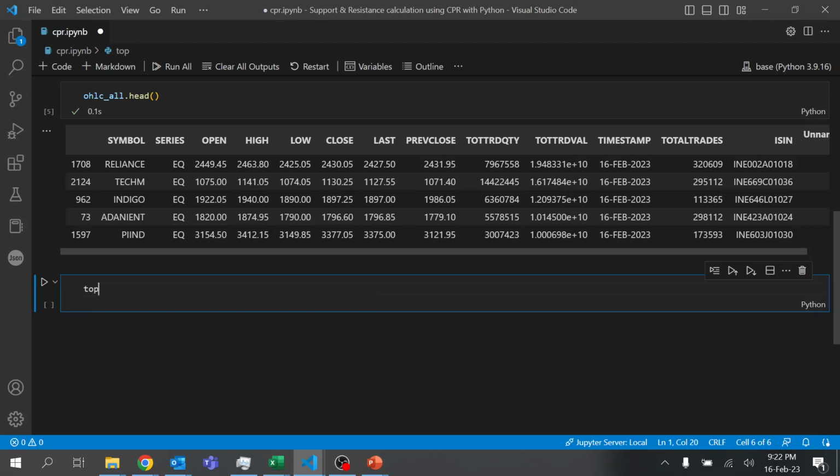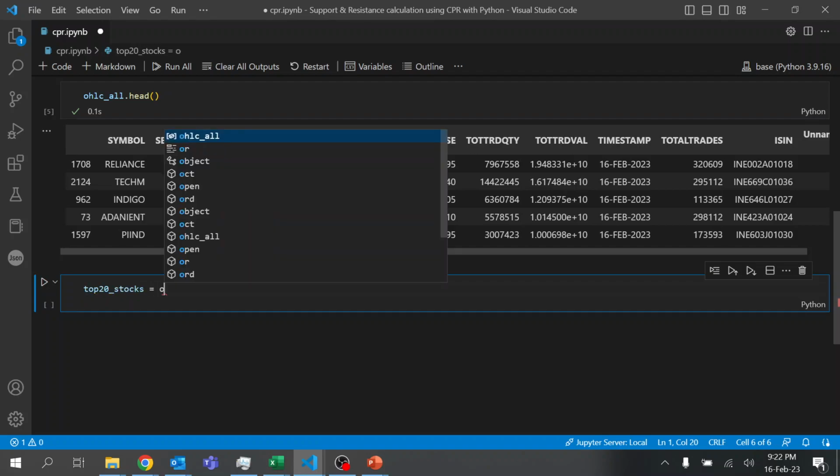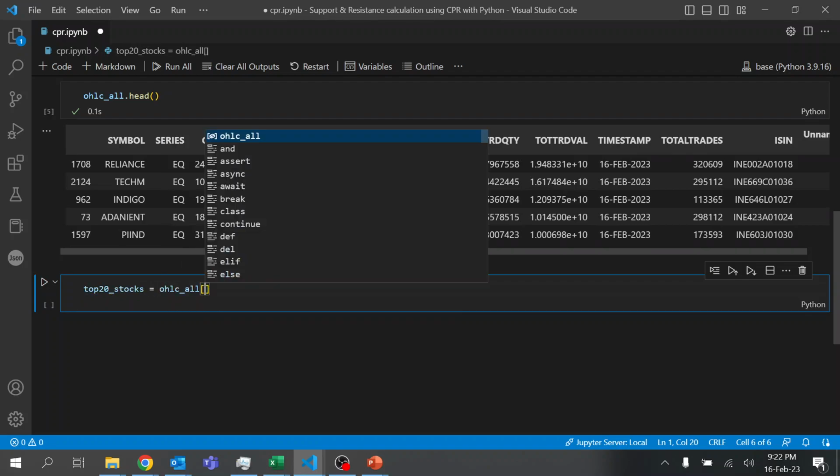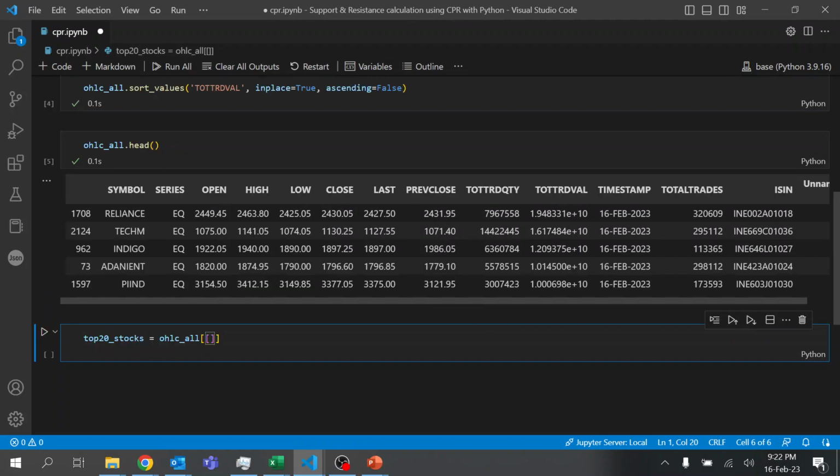Let's create a variable called top 20 stocks and let's extract from OHLC. I'm particularly focused on symbol, open, high, low, close values only. Let's just copy paste it, and we don't need series, we need open, high, low, close.